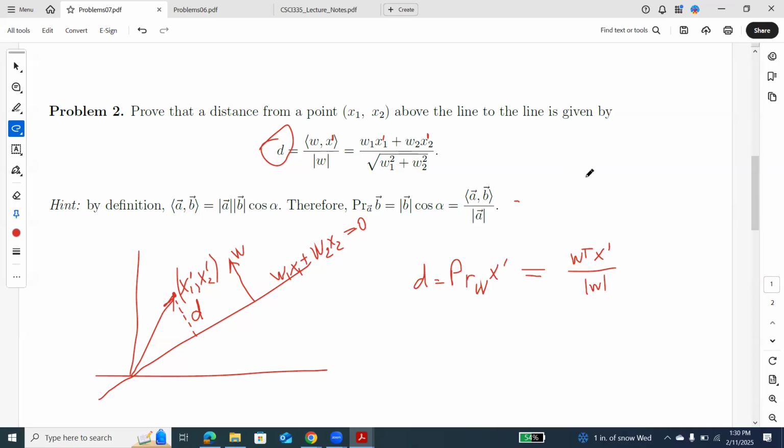You will get this formula. So the numerator is the dot product between vector W and x prime, and the denominator is the length of the vector W. So this is how you can calculate the distance from any point to the decision boundary.